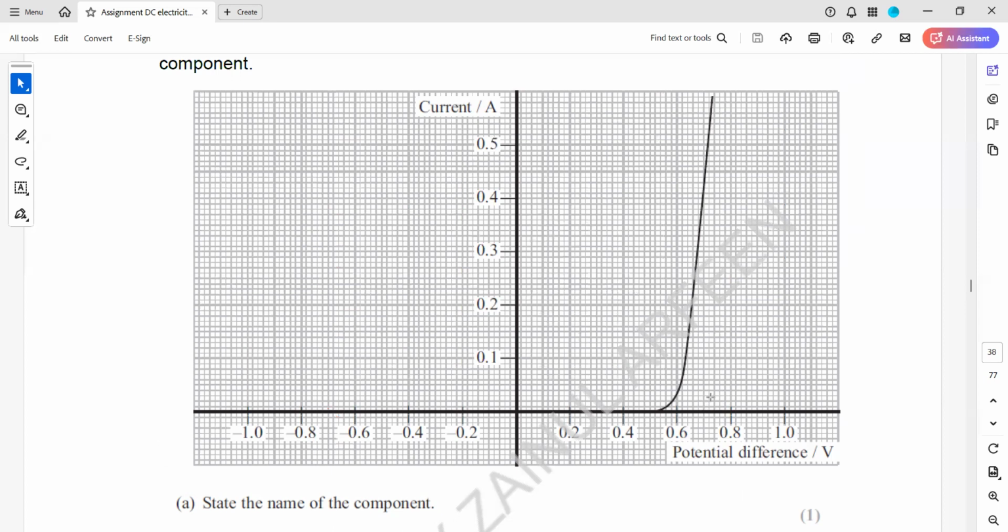So we draw a line from 0.7 and we find the current. According to the graph, the voltage is 0.7 and the current is 0.4. So 0.7 divided by 0.4 gives the resistance, which is about 1.7, and the unit is ohm. So 1.7 ohm is the resistance of this component.